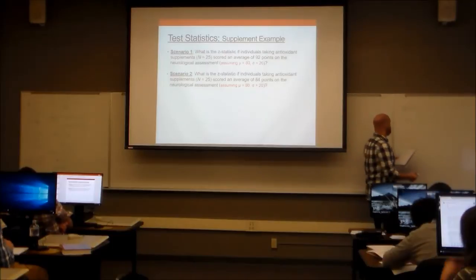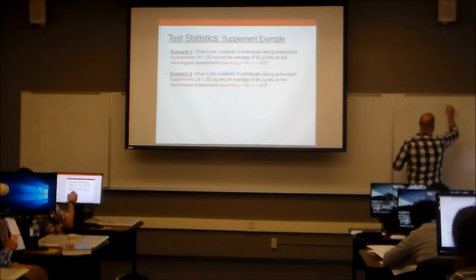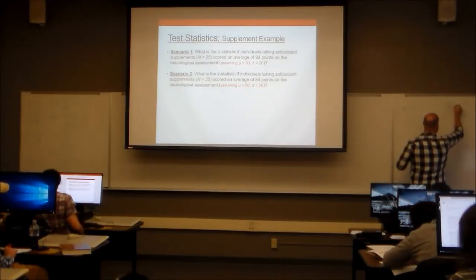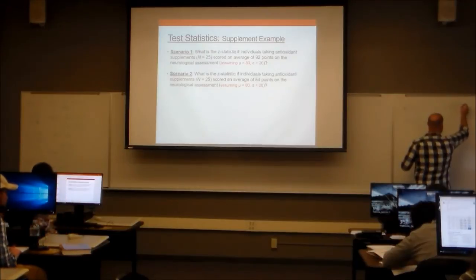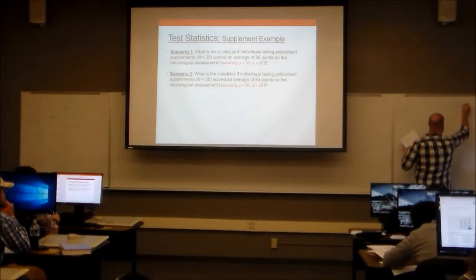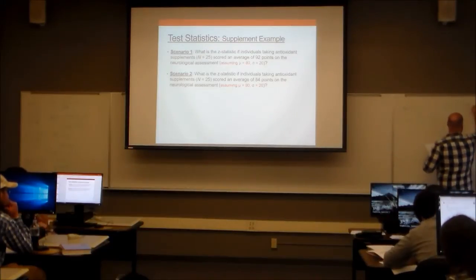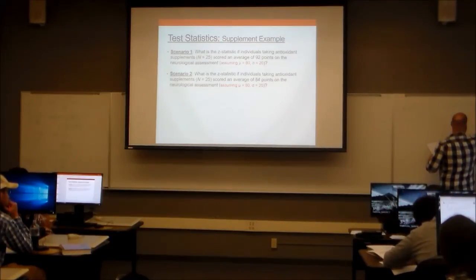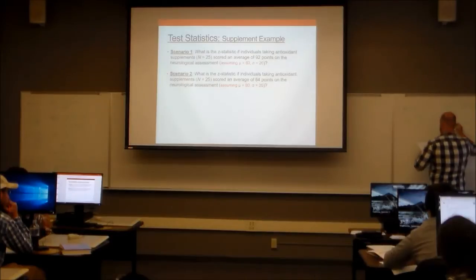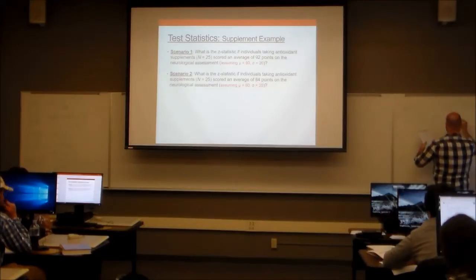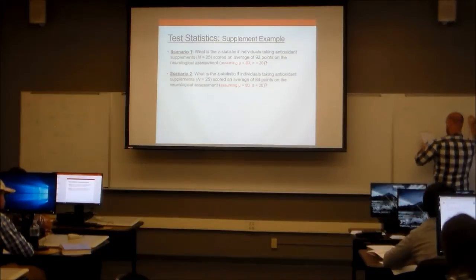That didn't change. But what did change is our 95% confidence interval. This is now our mean, 84, plus or minus 1.96 times 4, which gives us a confidence interval of 76.2 to 91.8.